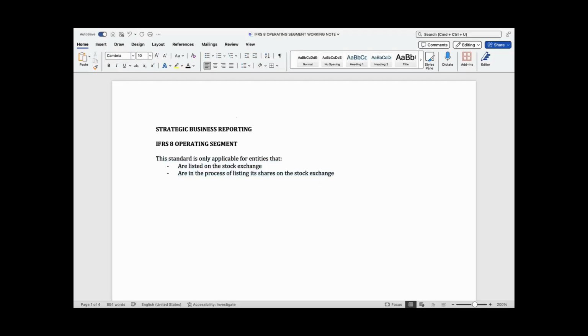Additionally, if an entity has subsidiaries that it now prepares consolidated financial statement or group account, when you're applying this standard, the segment information that you give us should be provided on the basis of the group account, the consolidated financial statement, not on your separate account.